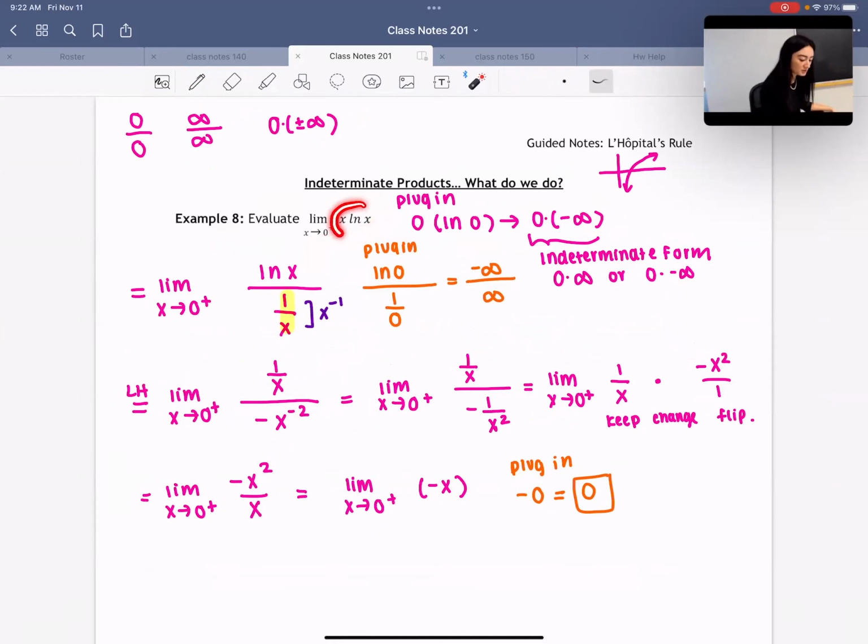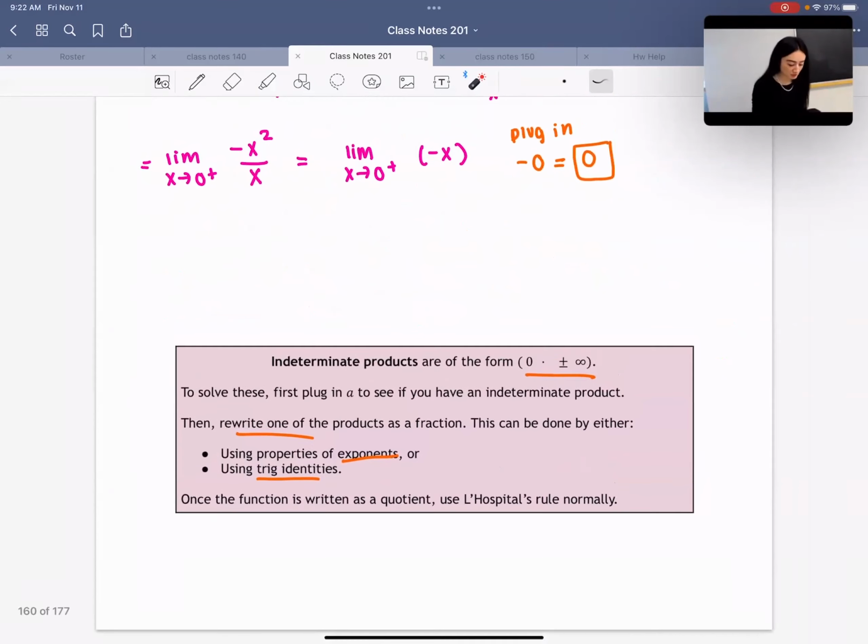So change the product into a fraction somehow, okay? This is either done by using exponent rules to change, like, x into 1 over x, or use trig identities, which we haven't talked about yet, okay? So that's kind of where we left off.